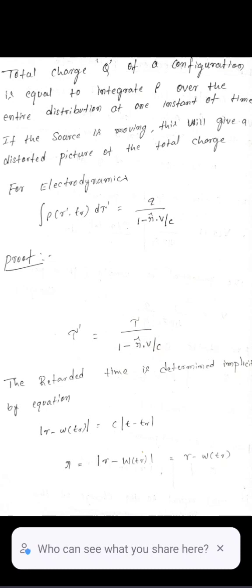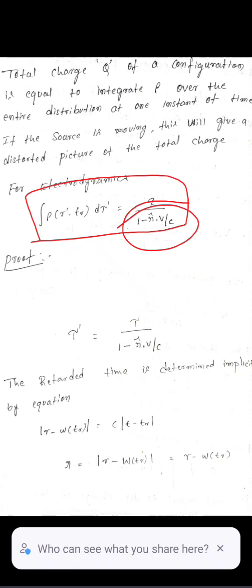The integral of rho of r prime comma t_r d tau prime is equal to q divided by 1 minus r cap dot v divided by c. This is the correction due to the movement of the charges, made by Liénard and Wiechert.